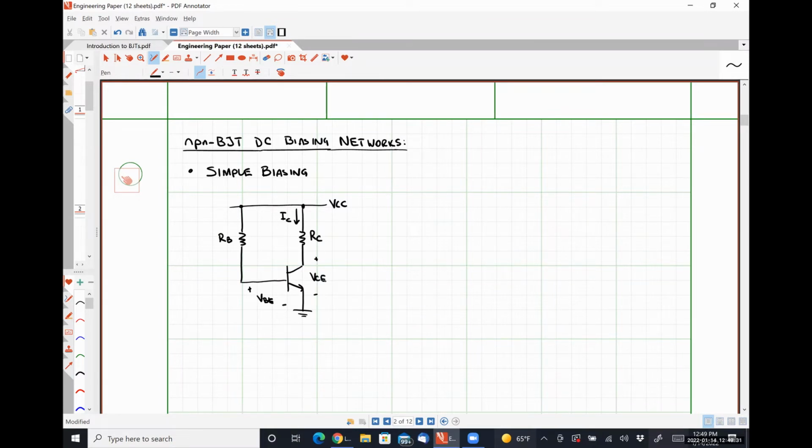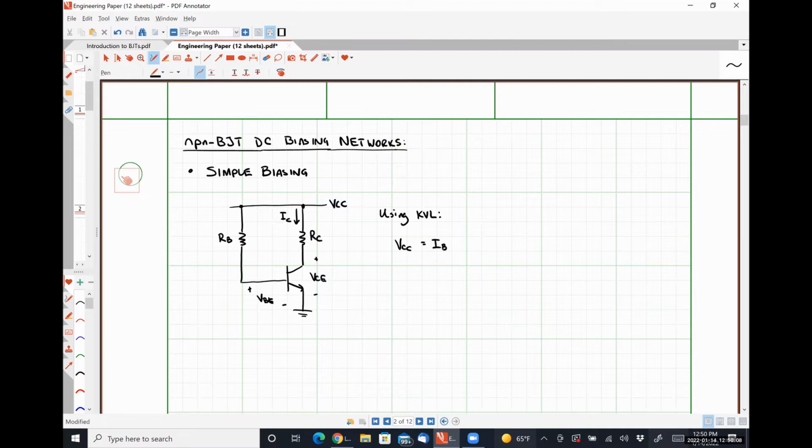So let's start by applying Kirchhoff's voltage law on the left-hand side. Okay. So using KVL, we can see that VCC will be equal to our base current IB.